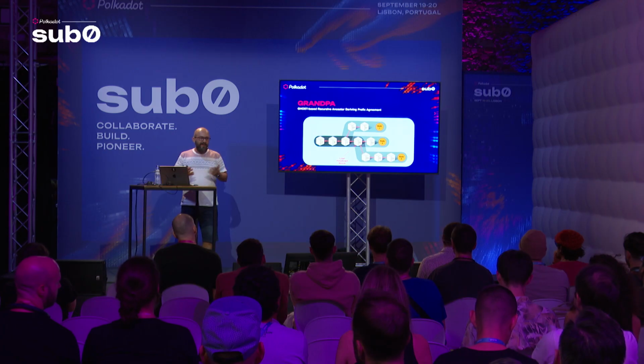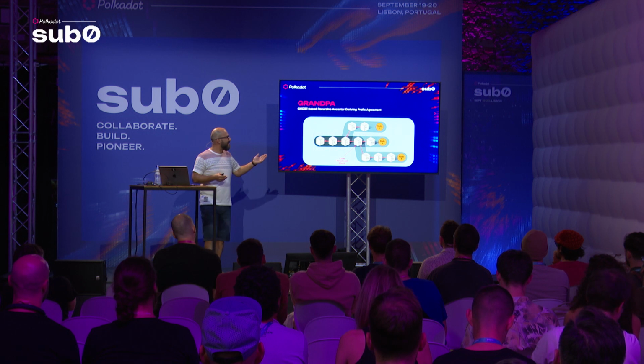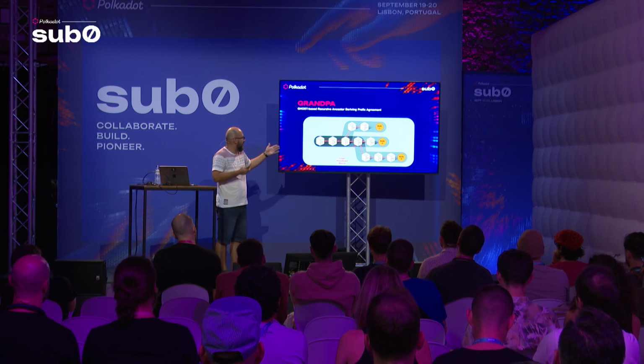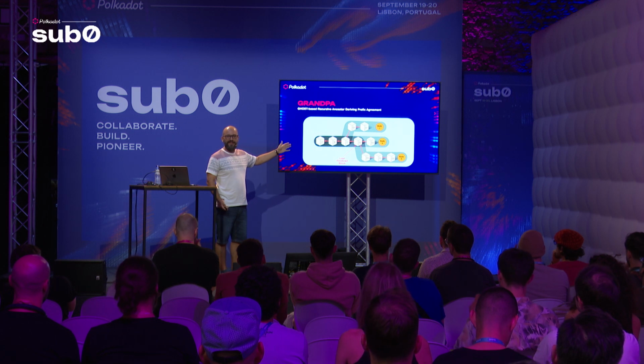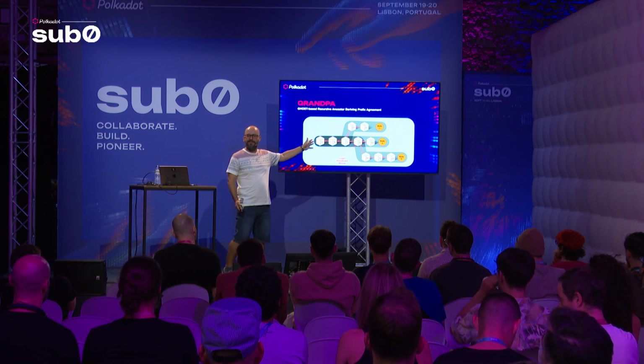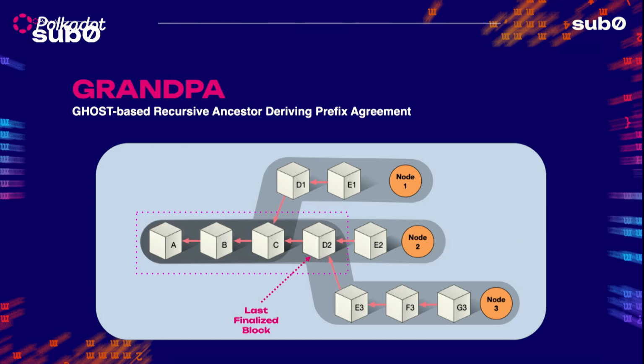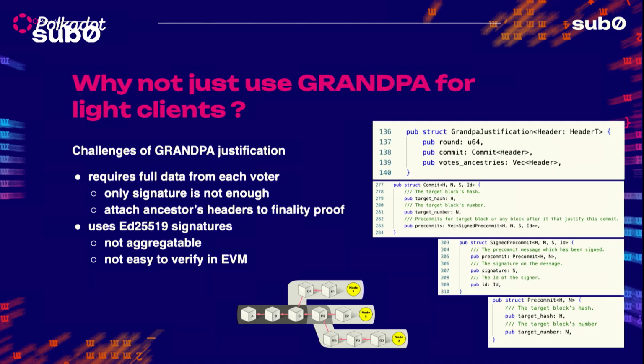So you might think now, okay, why doesn't the light client just follow the Grandpa votes and say, okay, this is our last block? Why don't we just follow this? And actually there's a reason for that, because Grandpa justifications require the full data of each validator.